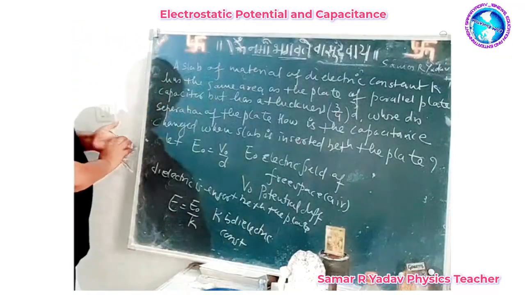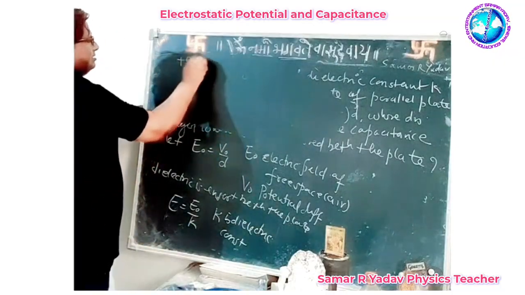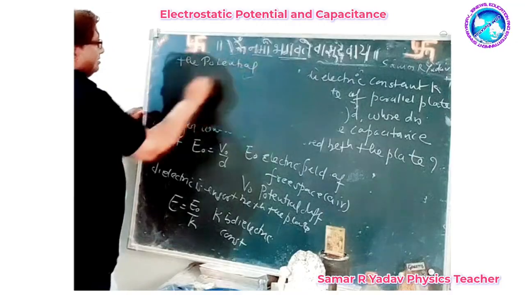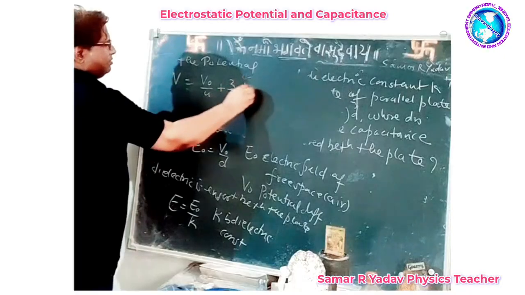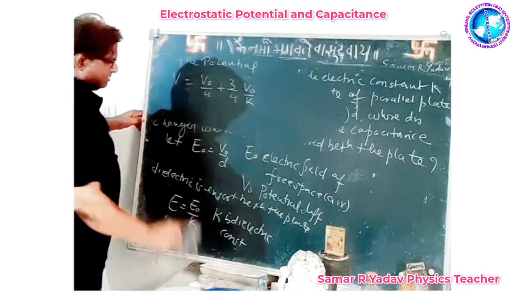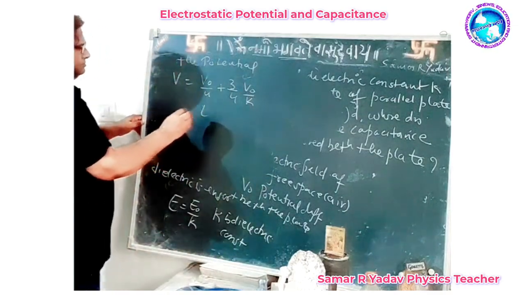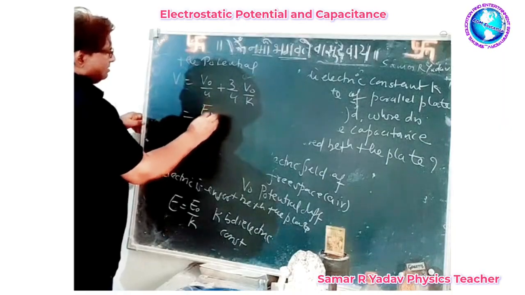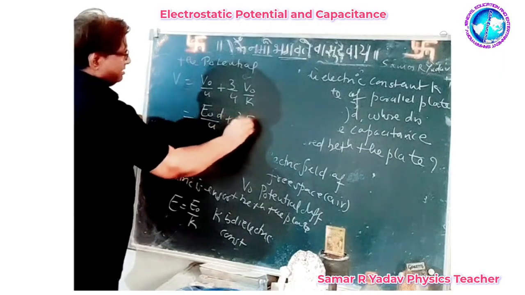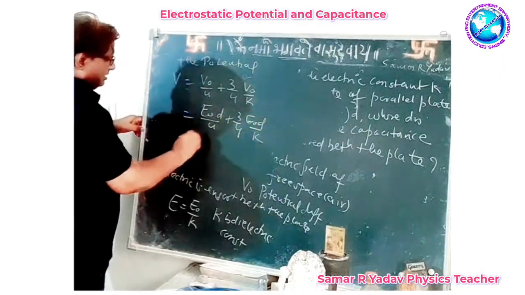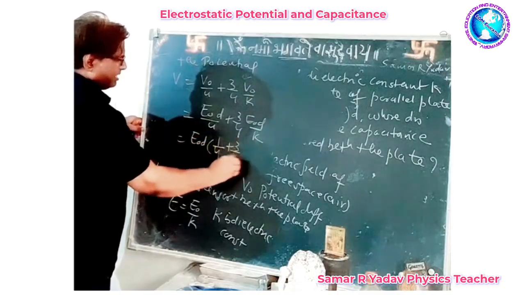Now the potential, that is V is equal to V0 upon 4 plus 3 upon 4 V0 upon K. Now simplifying, we will get V is equal to E0 d upon 4 plus 3 upon 4 E0 d upon K. E0 d common, so we get 1 upon 4 plus 3 upon 4K.